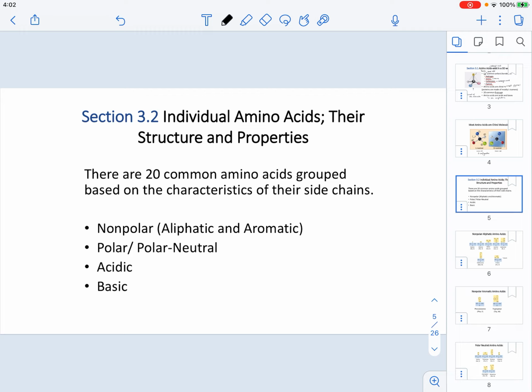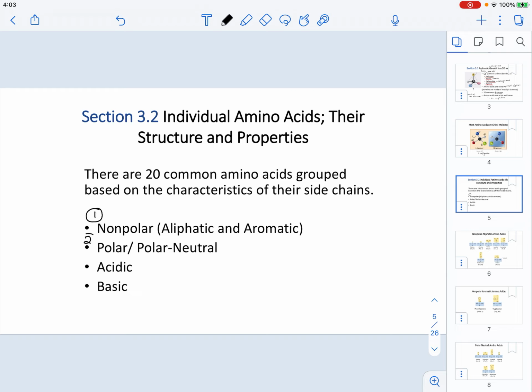Now, understand that these amino acids are going to be grouped based on the characteristics of their side chains. So, the major 4 groups for amino acids are the nonpolar amino acids, which can be aliphatic or aromatic. Aliphatic is a term that is utilized when you have straight chains of carbons and hydrogens.